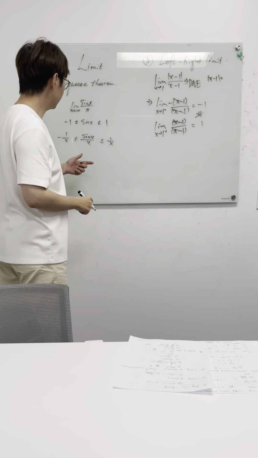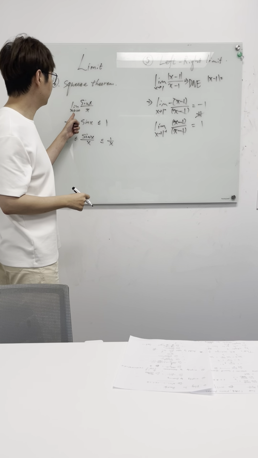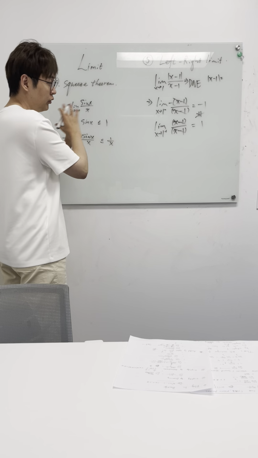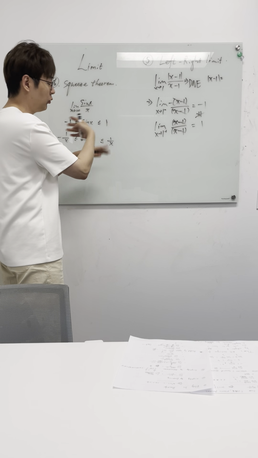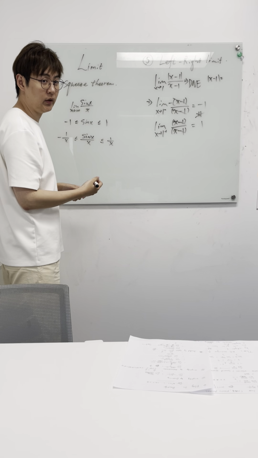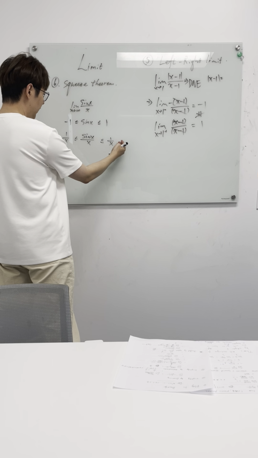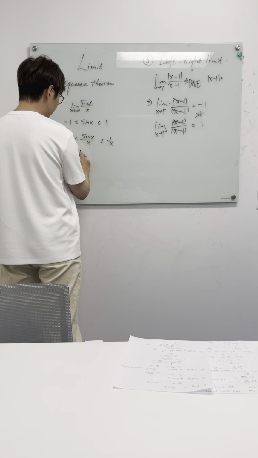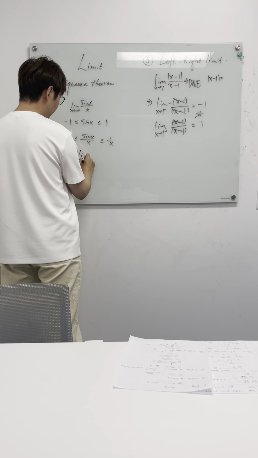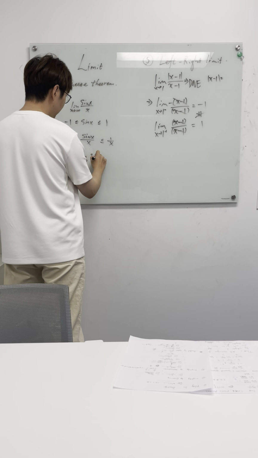We can assume x is a positive number because x is going to infinity, so you don't need to consider reversing the inequality sign. So we have this relation, and next let's take the limit for each term.